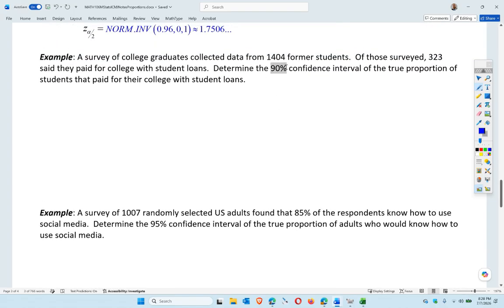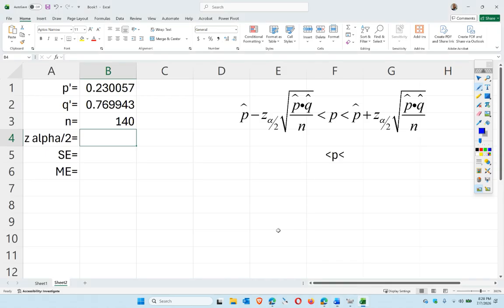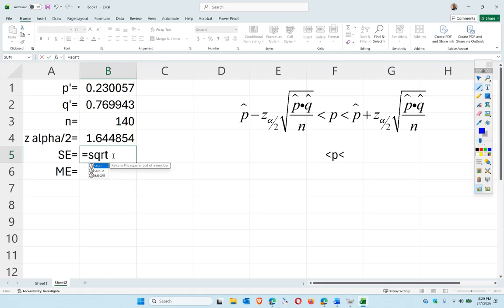So half of 10 is 5, so I need to do 95 essentially. So normal dot inverse 0.95 comma 0 comma 1, and there I go. There's my z alpha 2.